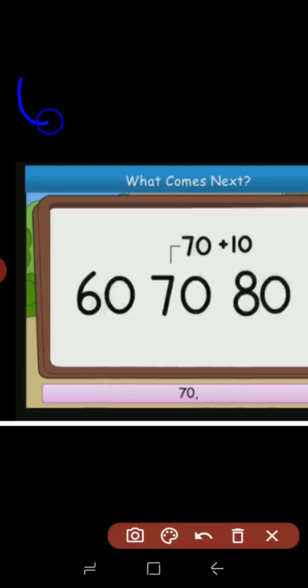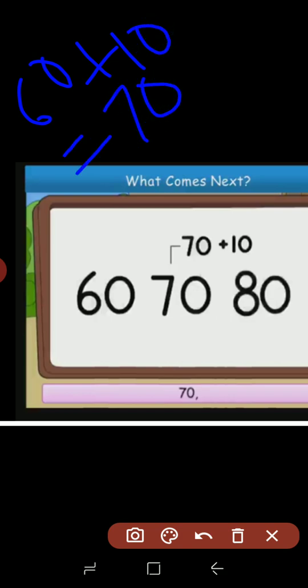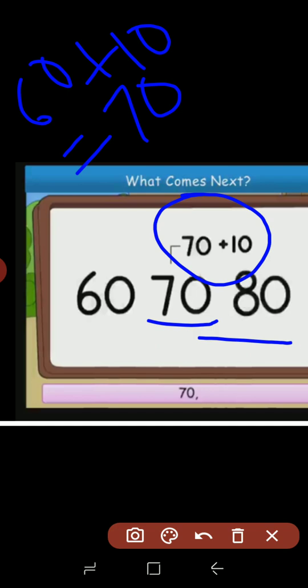Then here again 60 plus 10 becomes 70. Understood? Then 70 plus 10 becomes 80. Okay, so in this type you have to just add the number and write down the answer.